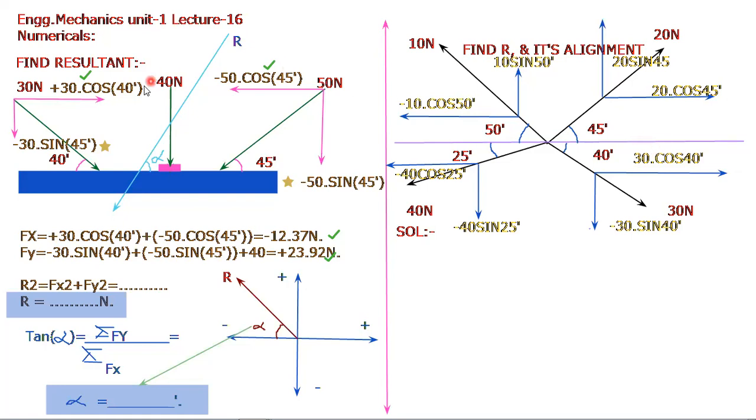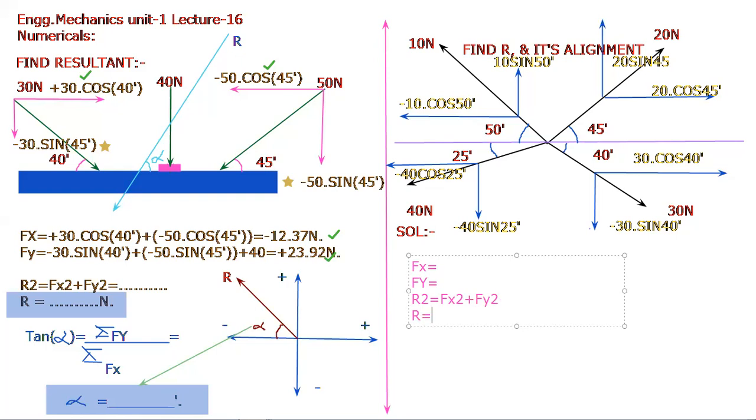And after that, you have to write the summation of Fx and summation of Fy. And after that, you can find R square is equal to summation of Fx square plus summation of Fy square.